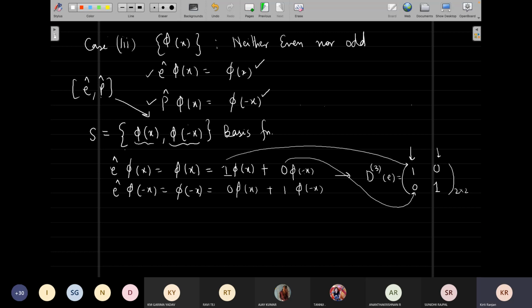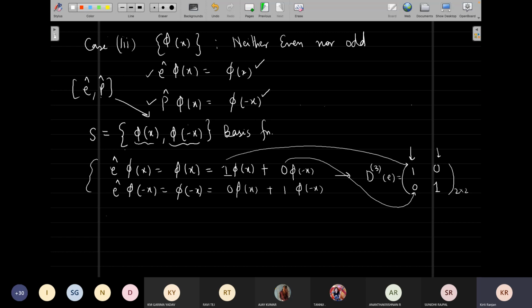Even though they are both zero here and hence it doesn't matter, in general be careful in that notation. If not careful, then at least be consistent. So in this new, third representation of the operator E, it is represented by the 2 cross 2 identity matrix. So the dimension here is 2.